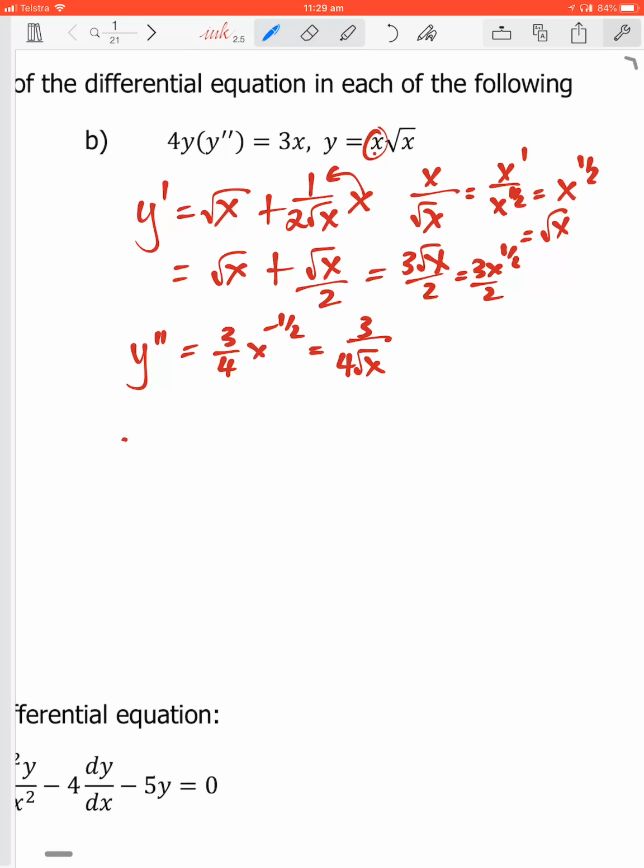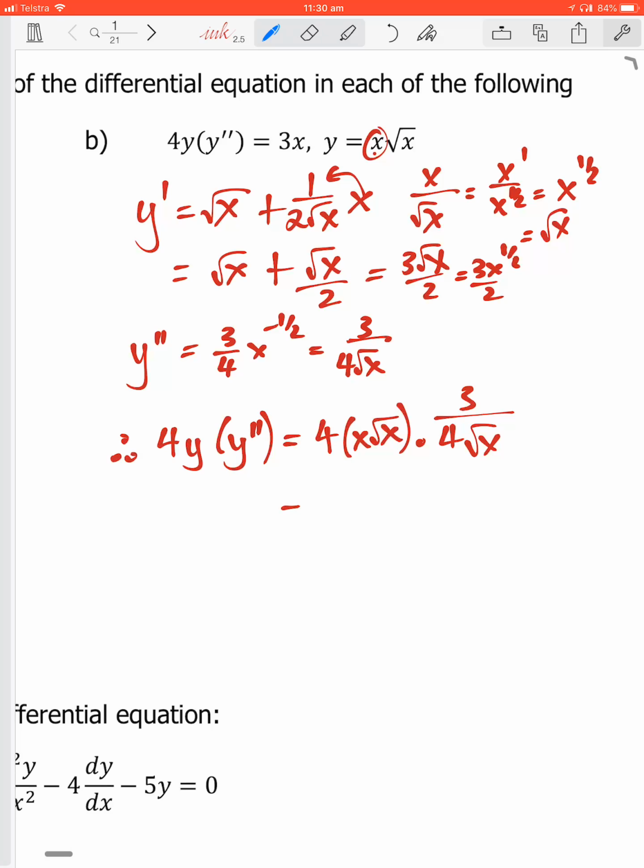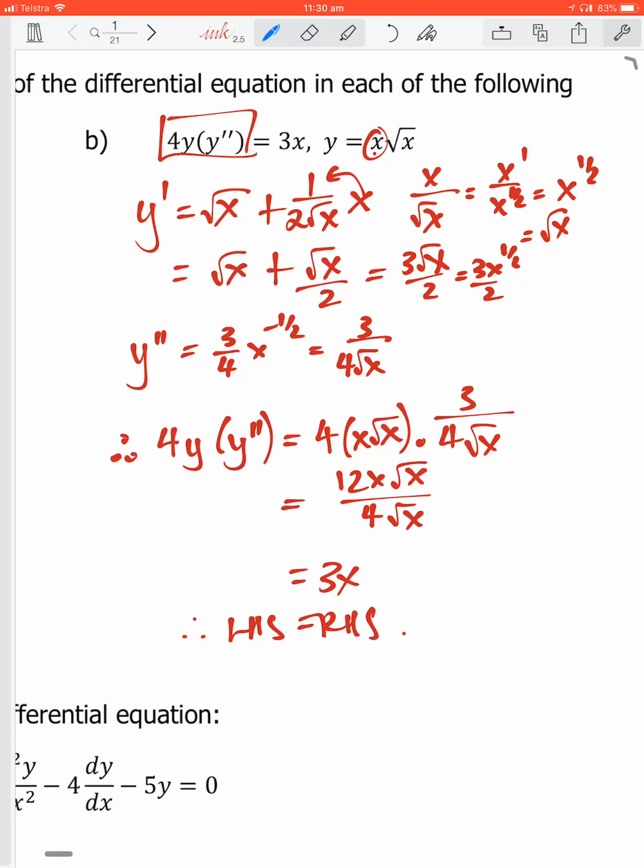So from here, 4y y double dash is equal to 4 x root x times 3 on 4 root x, which is 12 x root x on 4 root x, which is 3x. Therefore, LHS equals RHS, and we've proven that 4y y double dash is equal to 3x.